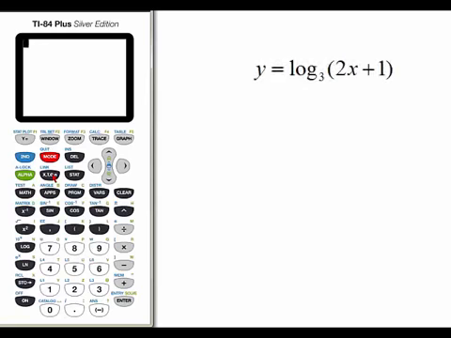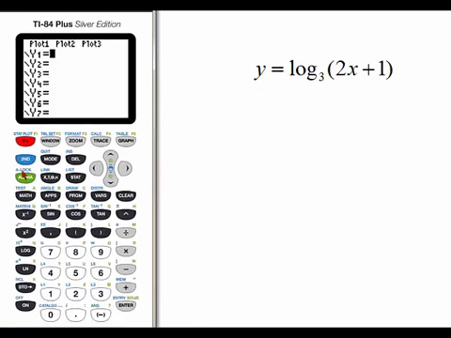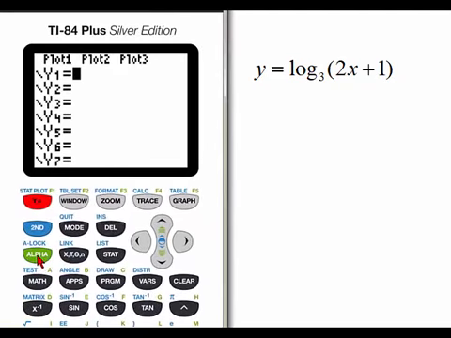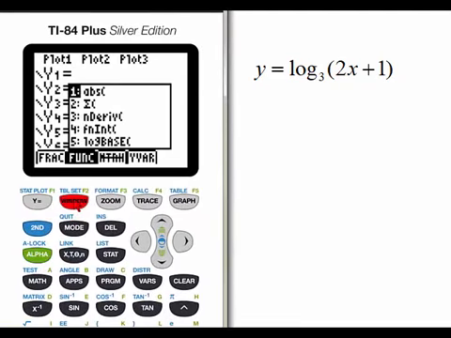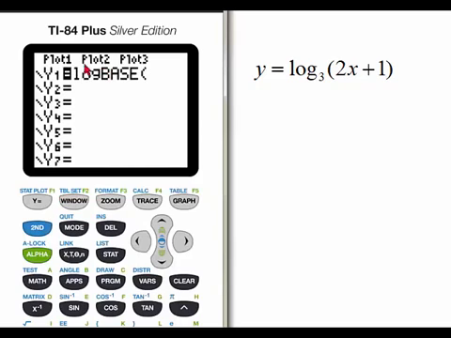Now let's graph the function again, except now we're in classic mode. Select y equals, then the same steps: select alpha and then the window key, and then select number 5 for log base. Now notice it's a little bit different.